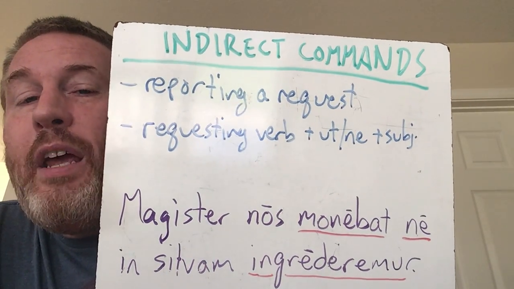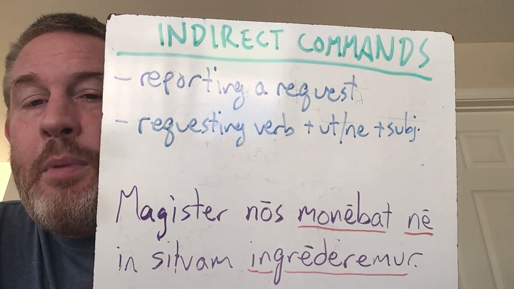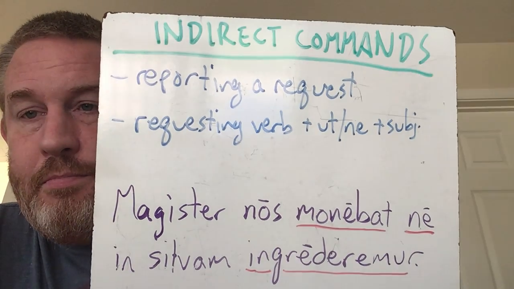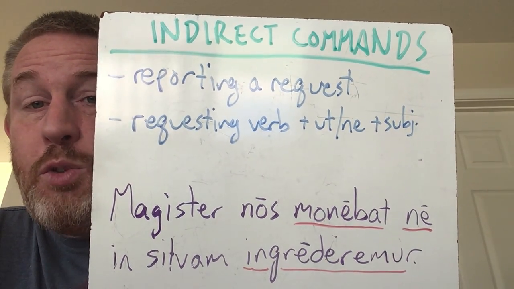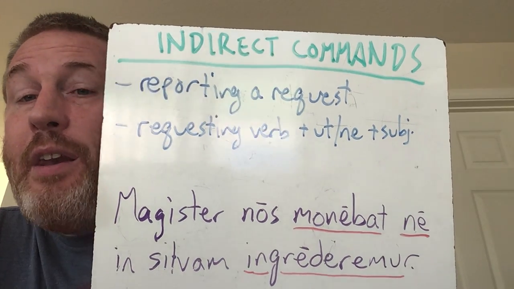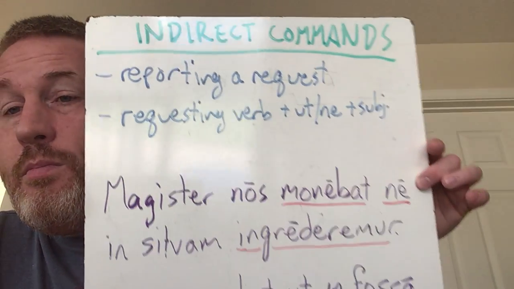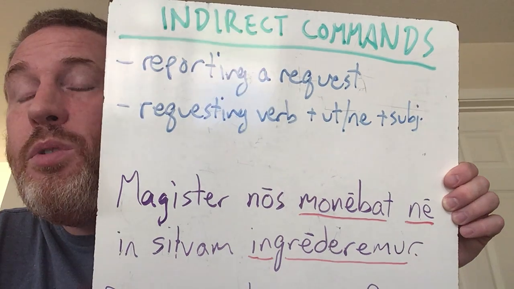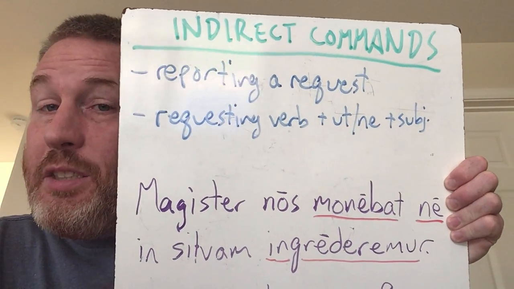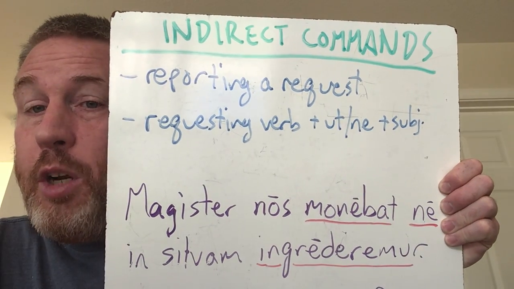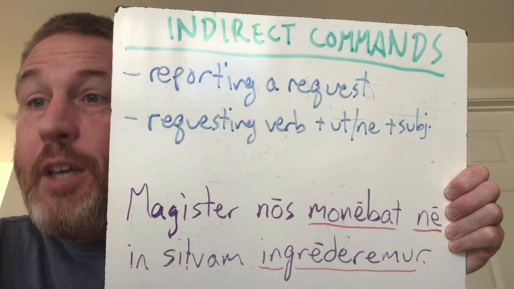Magister nos monebat ne in silvam ingrederemur. Our teacher was warning us not to go into the forest. So I was requesting in some ways. I was warning, right? I was warning you not to do that. Indirect command.